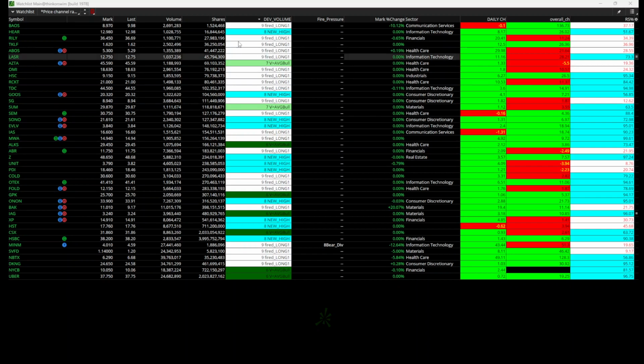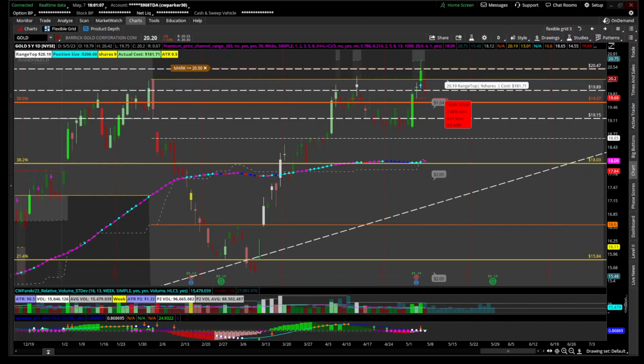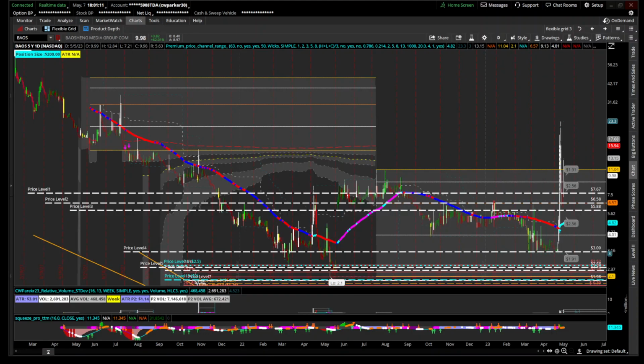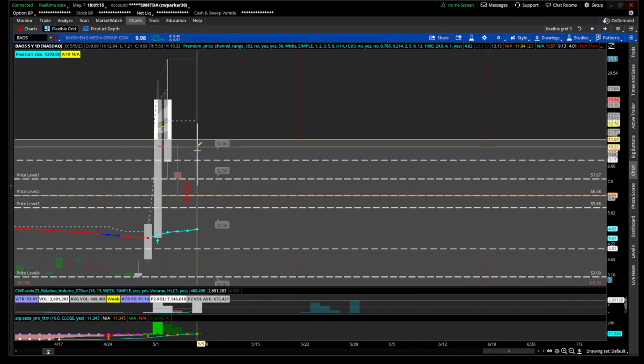I think I have this on a 16 average, so we can go to one or two of these. Some of those are going to be included in our weekly scan. So let's look at the ones. This is a nice breakup or retest actually.